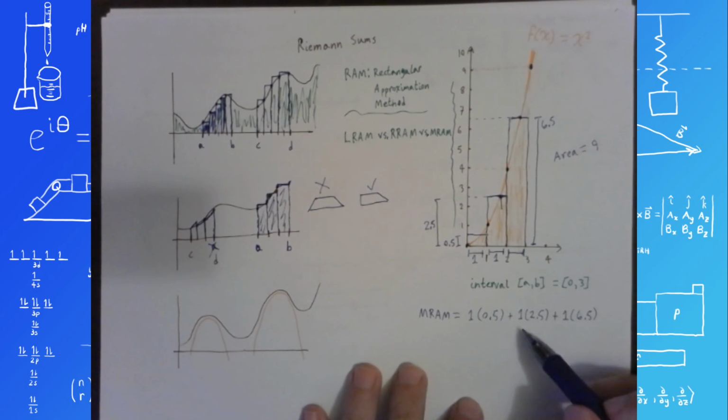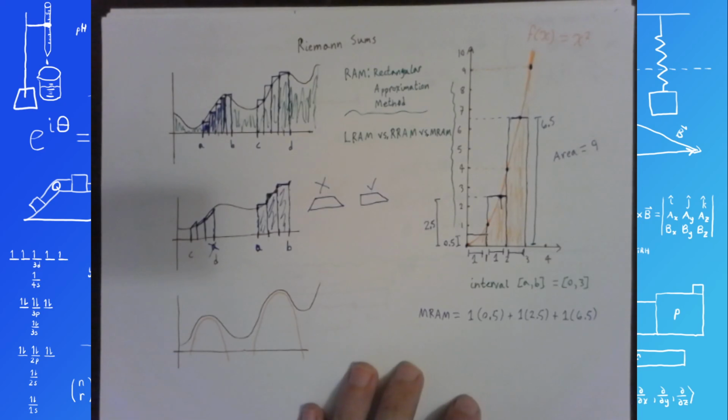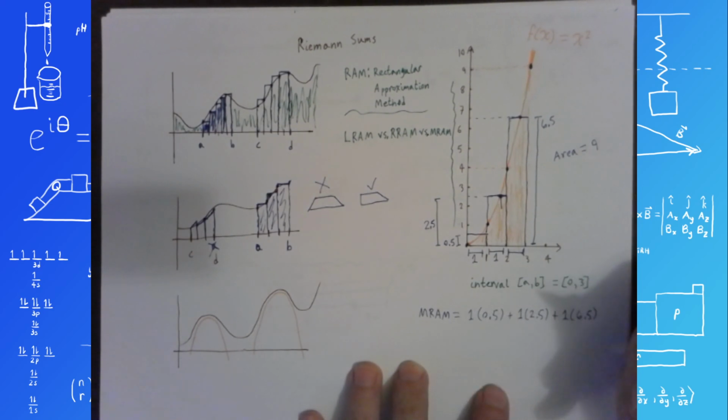Notice, since I kept the widths of my rectangles the same, I could factor out the 1. I mean, it's a 1, so it's not going to make that much of a difference here, but if it was anything other than 1, being able to factor it out makes a huge difference, especially when you have way more than 3 rectangles to work with.